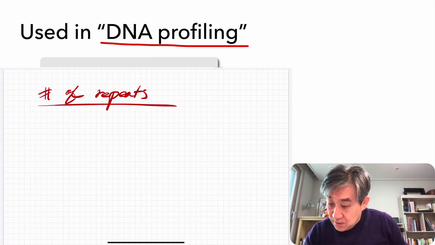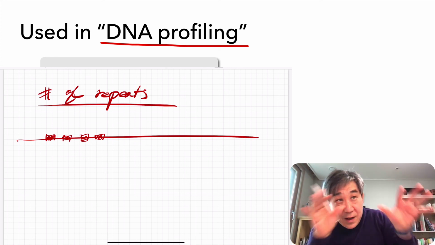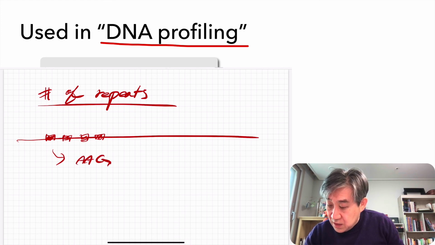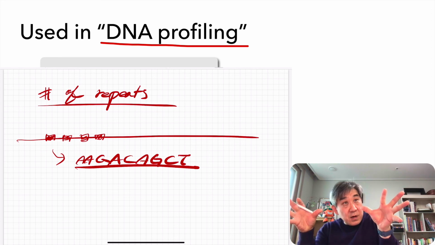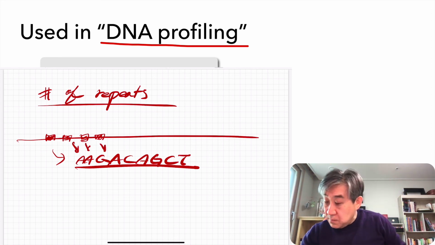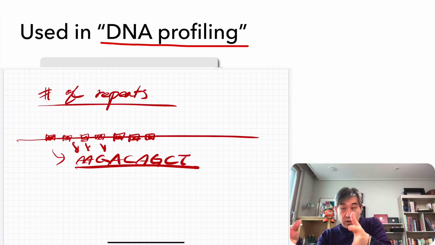In other words, in this area there is a very small repeat. Each red block is a particular repeat pattern of something like AAG, AC, AG, CT, whatever. This particular sequence is present multiple times in a very short, very small area.